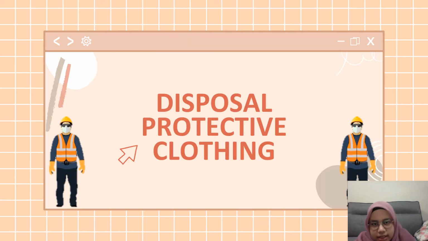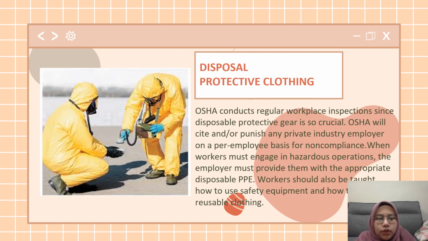So the next one is disposable protective clothing. From the OSHA that conducts regular workplace inspections, this disposable protective gear is so crucial. So usually this type of PPE we can wear only one time, recommended for a longer period of time only.